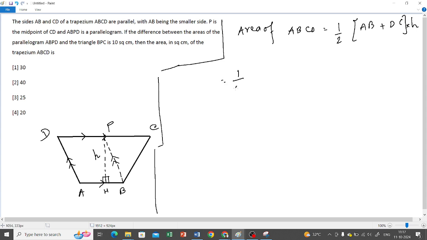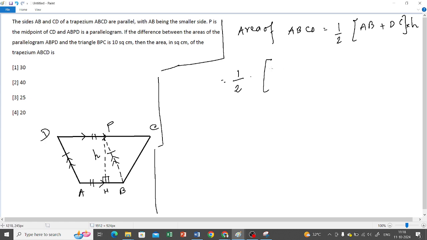That is equals to, I can write, half into, now see, it is given that P is the midpoint of DC, and it is given that ABPD is a parallelogram. If ABPD is a parallelogram, then opposite sides are equal. That means AB is equals to DP and AD is equals to PB.